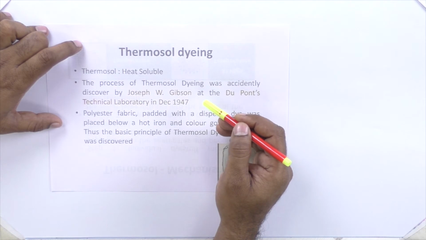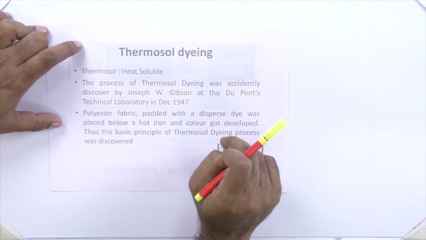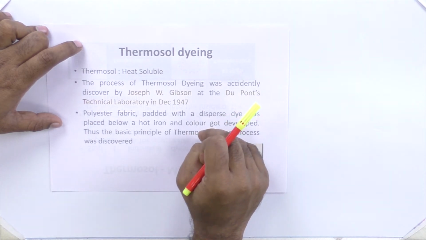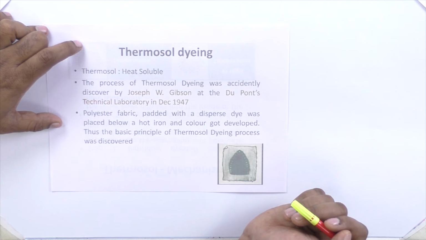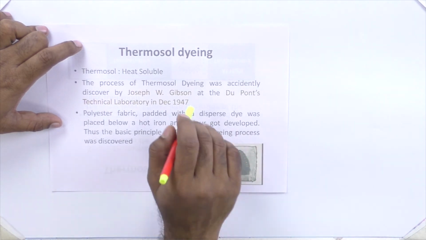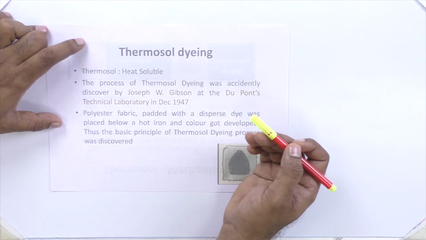After cooling, the pore size of the fiber is reduced, and the dye is locked in the pore, so that the dye cannot come out from the fiber. In this method the dye gets locked, and it gives very good fastness properties.